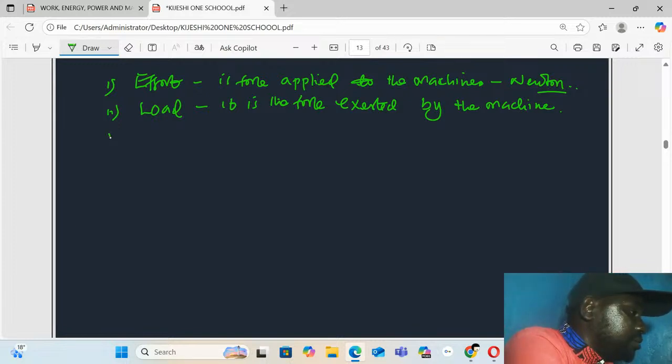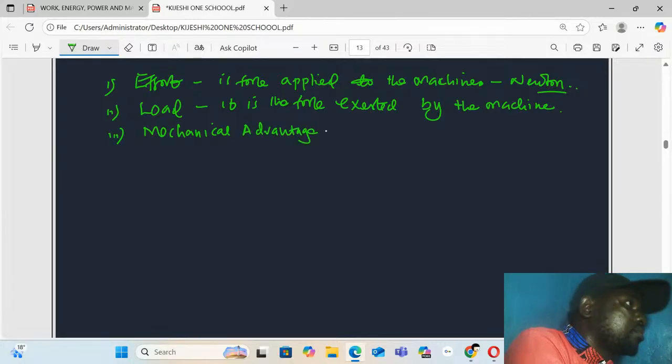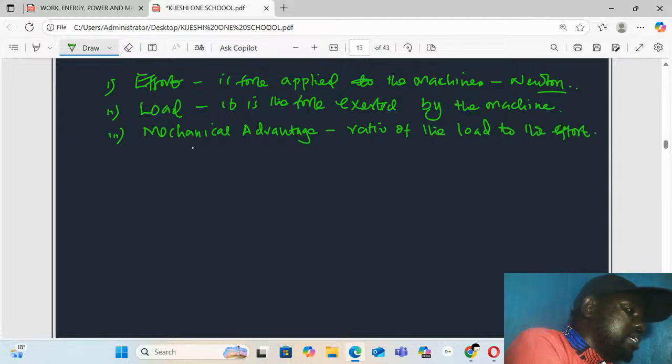Number 3, we have what we call mechanical advantage. This is the ratio of the load to the effort. It is denoted as MA.